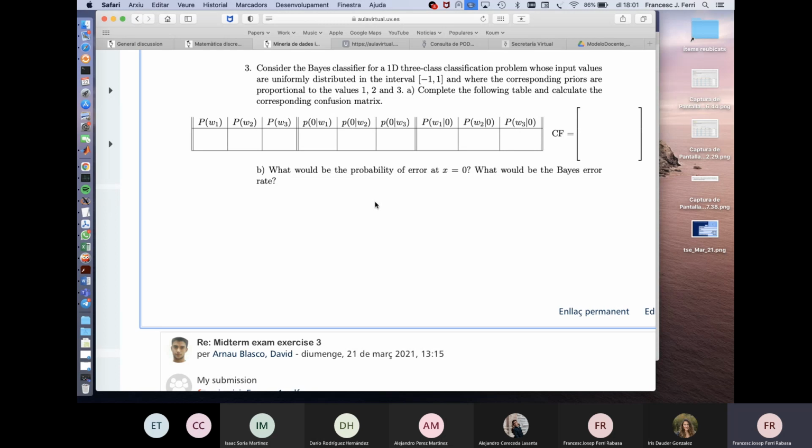The complementary, the other half. In fact, the complementary is the sum of the prior probabilities of 1 and 2. Of course, 1/2.